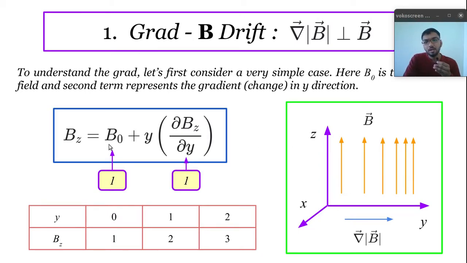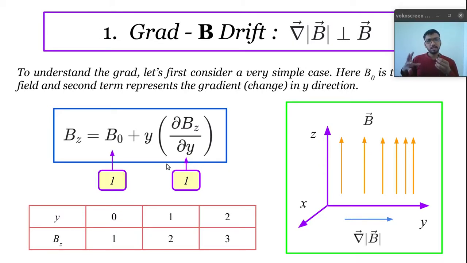The equation of this Bz field is such that it has some constant component and some gradient component. This B0 is constant, let us say 1 for simplicity, plus some grad part. This is simply y, and this is our gradient, del Bz by del y, meaning the change in magnetic field in the y direction. Let's say it has a value of 1.